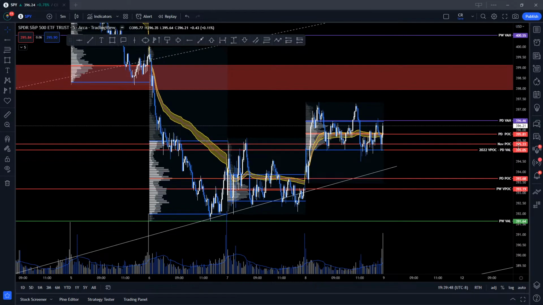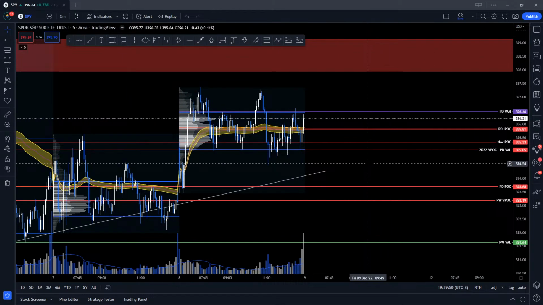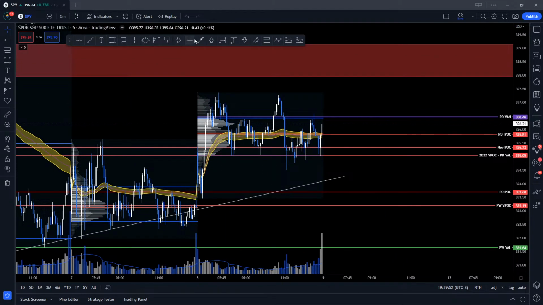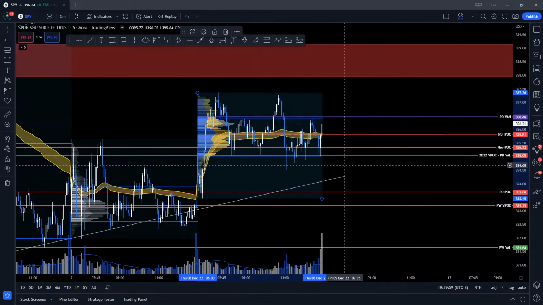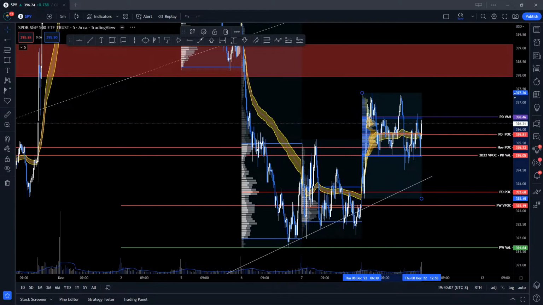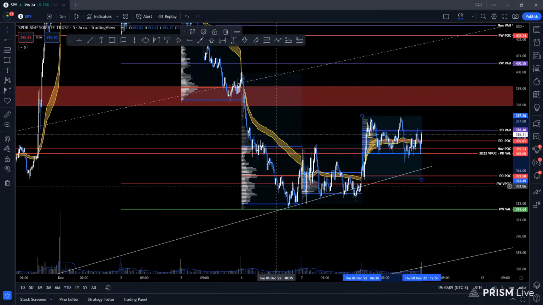But for SPY, if we grab today with a fixed range volume profile, our POC is here. We have kind of a P shape, and we're not really in an uptrend.